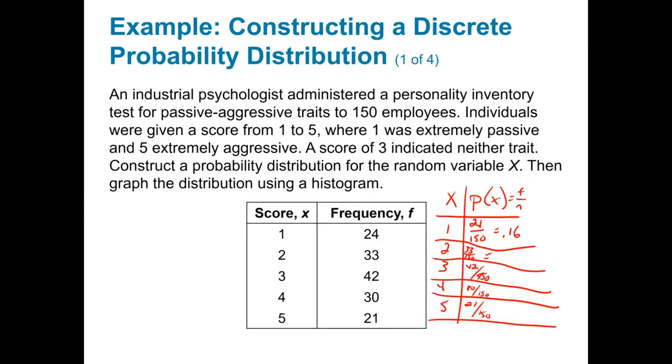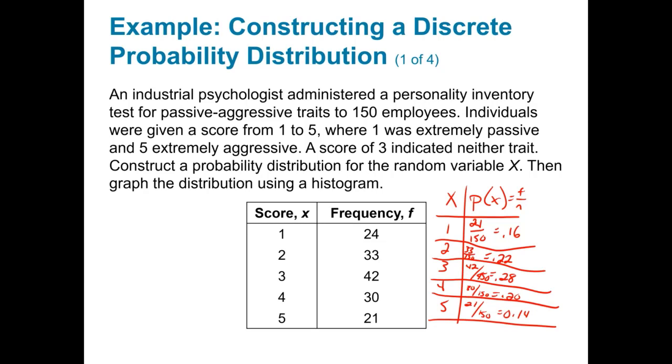So we get 0.16, 0.22, 0.28, 0.20, and 0.14 whenever we write these out as decimals. All right, everyone still with me? That really is all a probability distribution is at its most simplest.